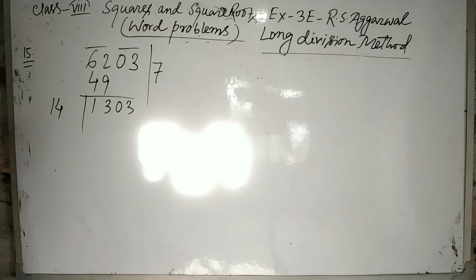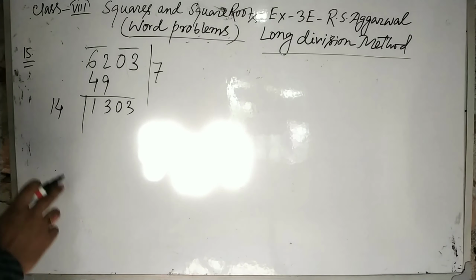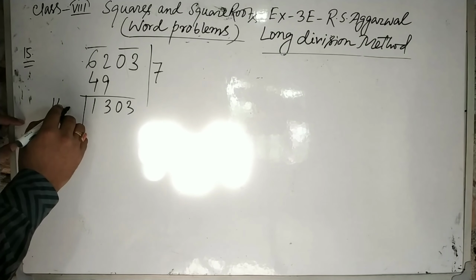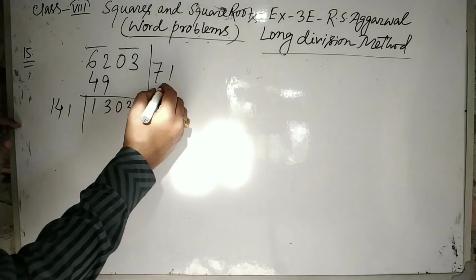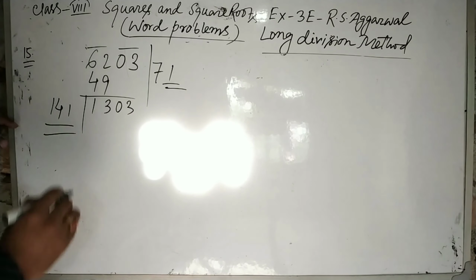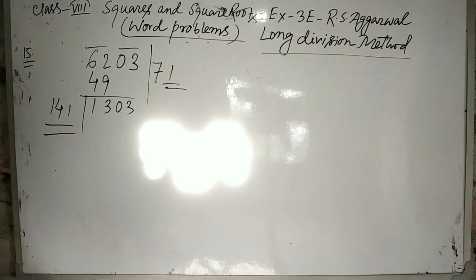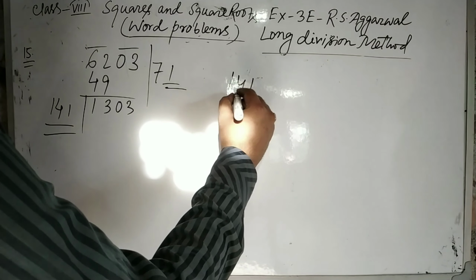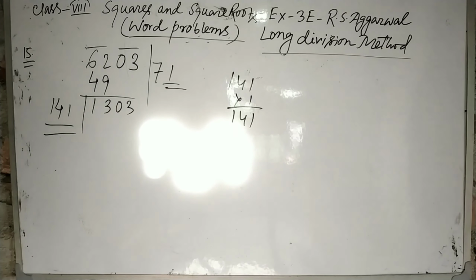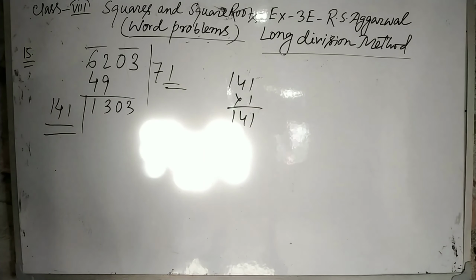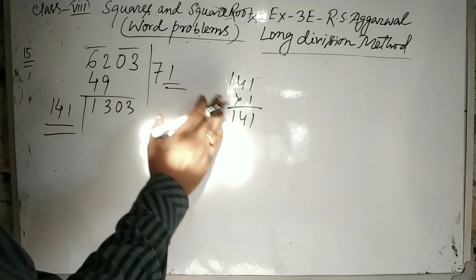Now look, if we write 1 over here and 1 here, then we have to multiply this one with this 141. That is, the result is 141 into 1 is 141 itself, very less than this number. Okay, so you have to take higher number.